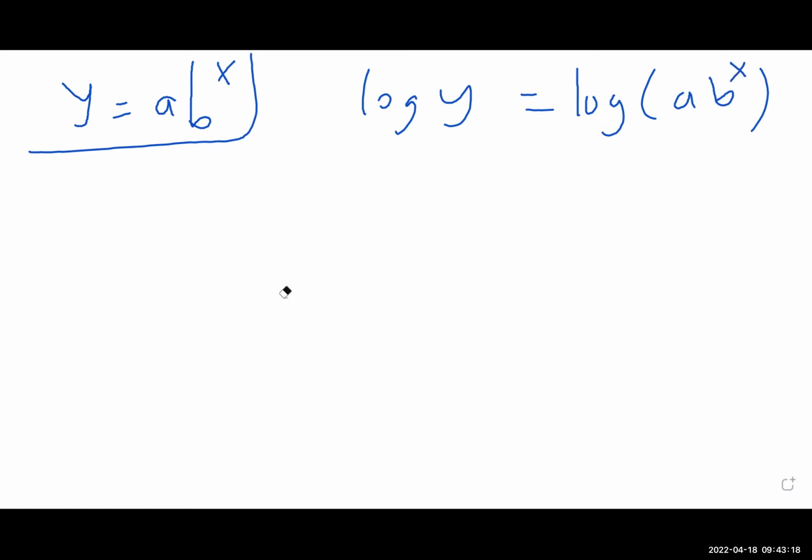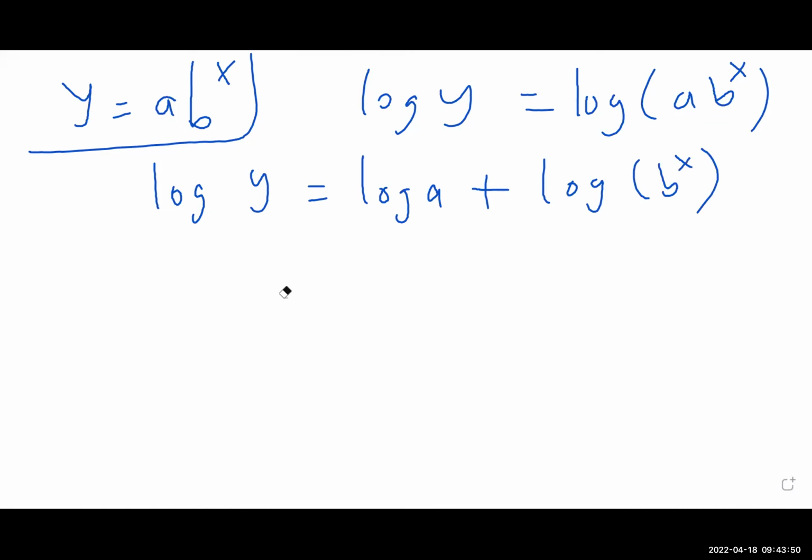If you take log both sides, you get log y equal to log a times b exponent x. So you will have log y equal to log a plus log of b exponent x.